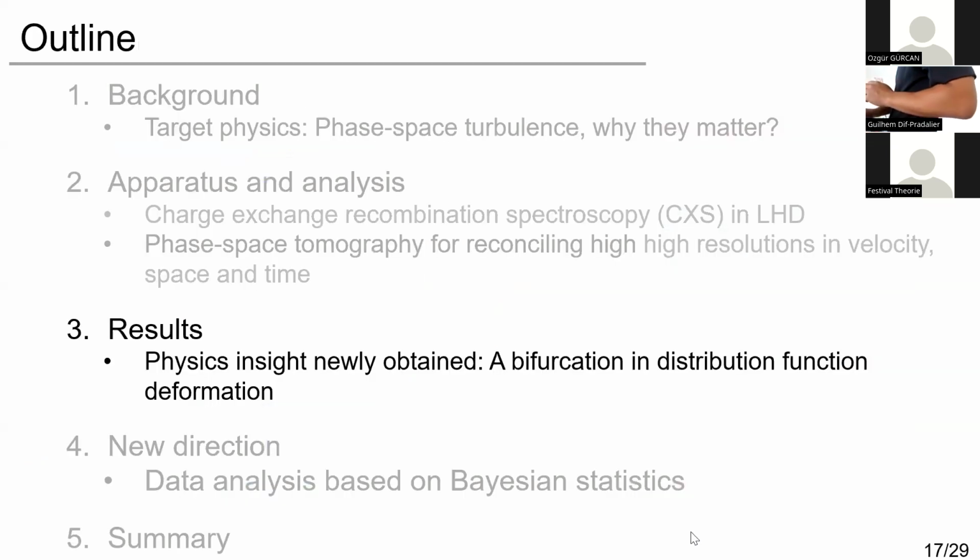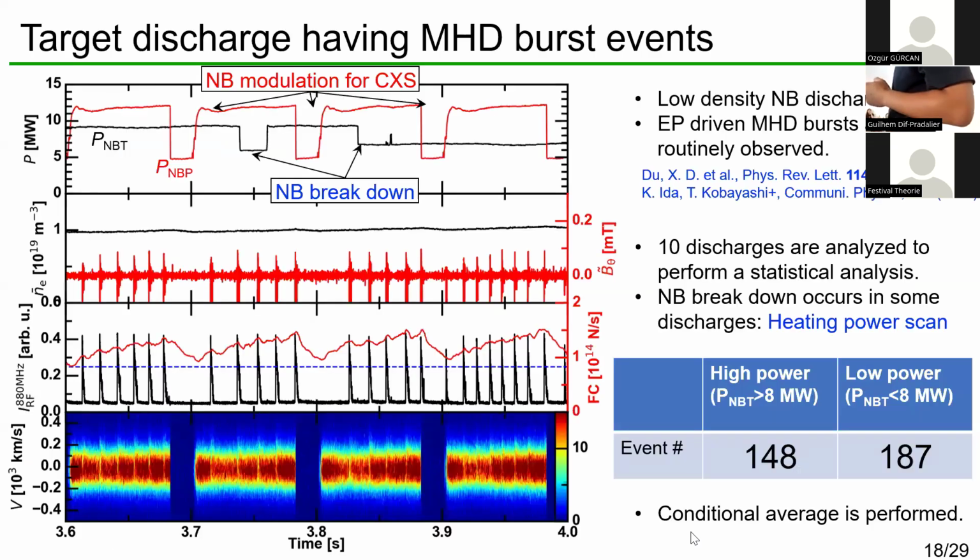Let me show a result which we have obtained. This is our target discharge. This is a time evolution of plasma parameters. The top figure is the heating power of the neutral beam, which is injected perpendicularly and parallelly.